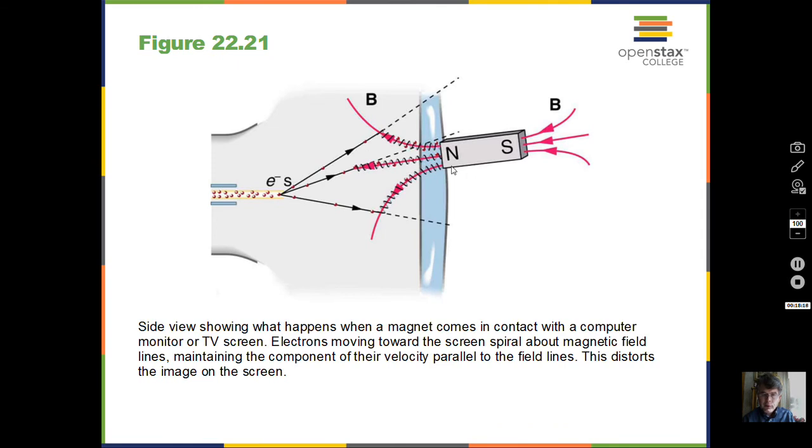The reason you don't want to do this is there's also a film of metal behind here, and you can magnetize that metal and permanently distort your picture. There are ways of removing the magnetism from this metal, but most people don't have the equipment to do that.